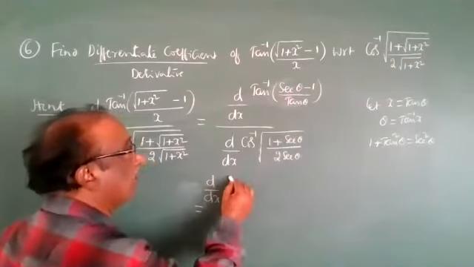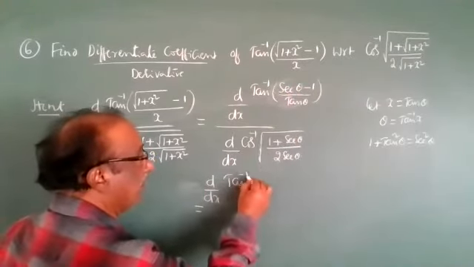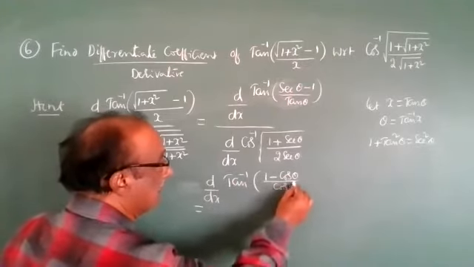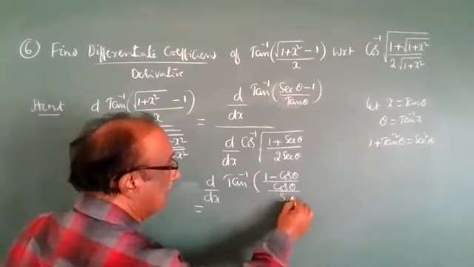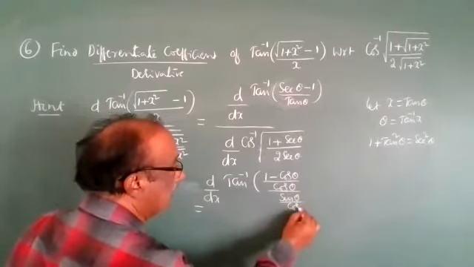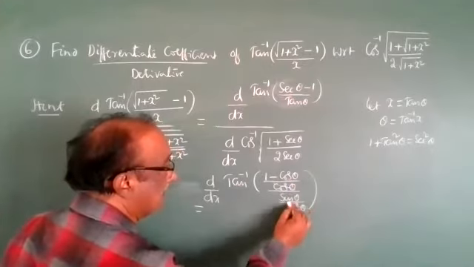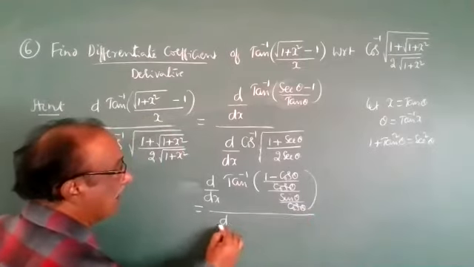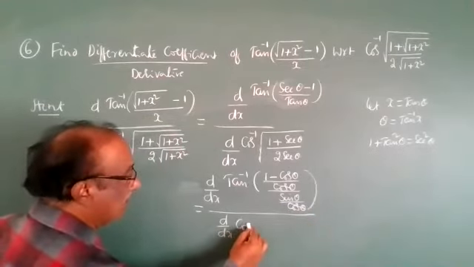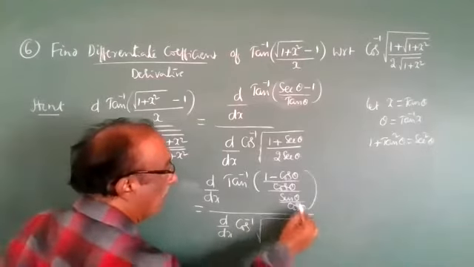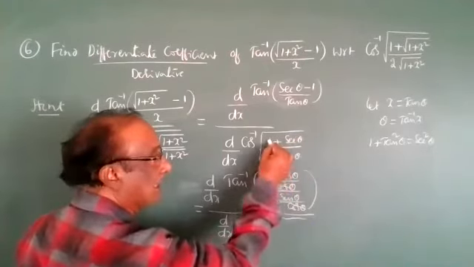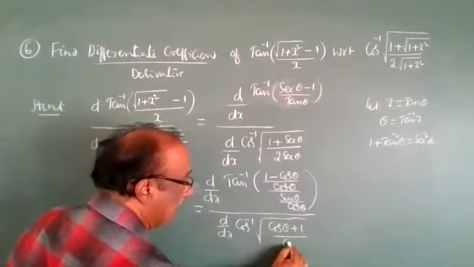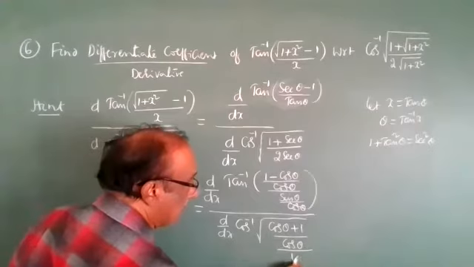Taking LCM, we get tan inverse of (1 minus cos theta) by sin theta. In the denominator, d by dx of cos inverse of root of (cos theta plus 1) by 2 cos theta, since secant theta is 1 by cos theta.